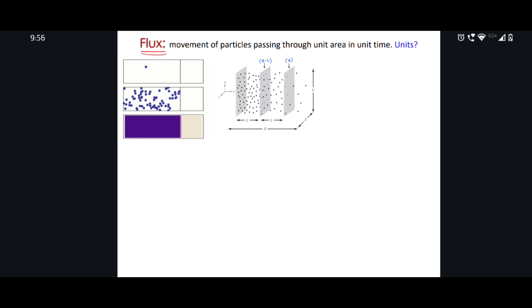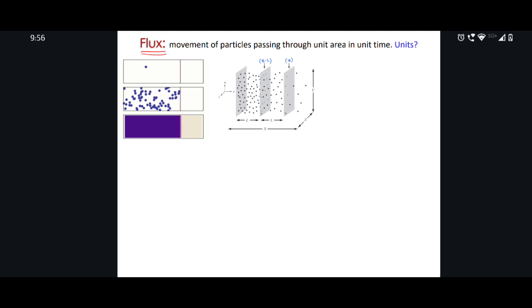If I don't distinguish you from the next class, there will be a flow, right? There will be an exchange. But at the end of the day, how many are walking out from this end to the other end per 3 minutes? That is the number per unit time, per unit area. We will need the area of the door. So that is exactly what flux is. So by that, what are the units of flux?